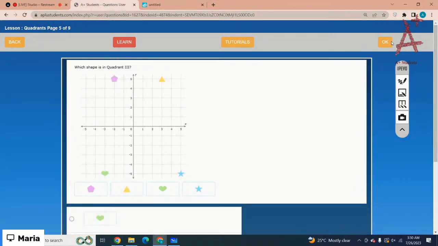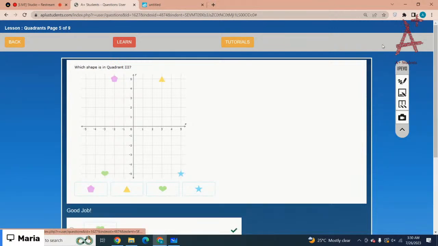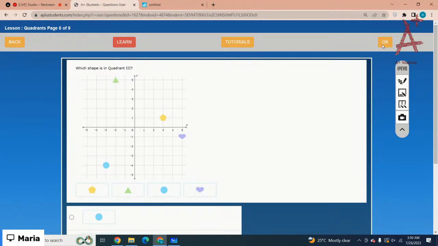Okay, which shape is in quadrant 3? Which is the correct option? In quadrant 3 you have a heart, so the correct option is option number 1. Okay, which shape is in quadrant 3? Which is the correct option?